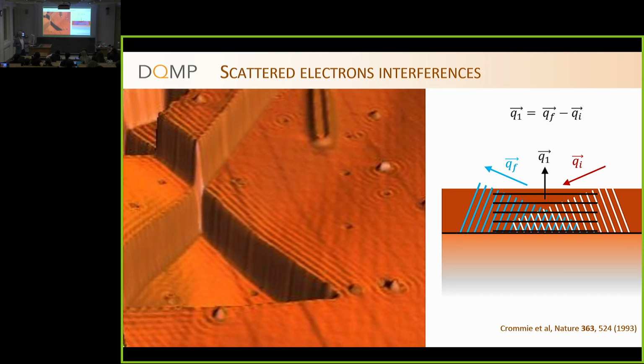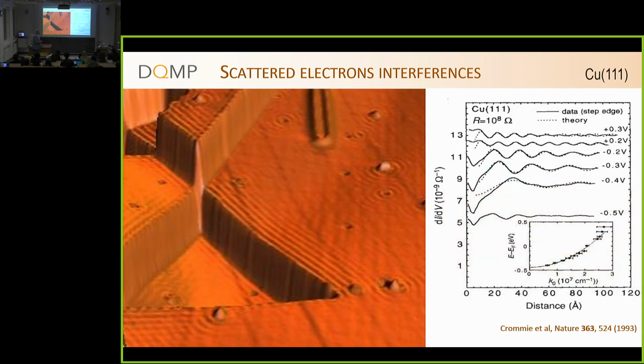There are many other interferences, but they may be destructive, so you don't see them. Some of them are very special in that they form these standing waves. Then you can take spectroscopic images, as I showed you: take an IV curve and plot the conductance as a function of position at different energies.